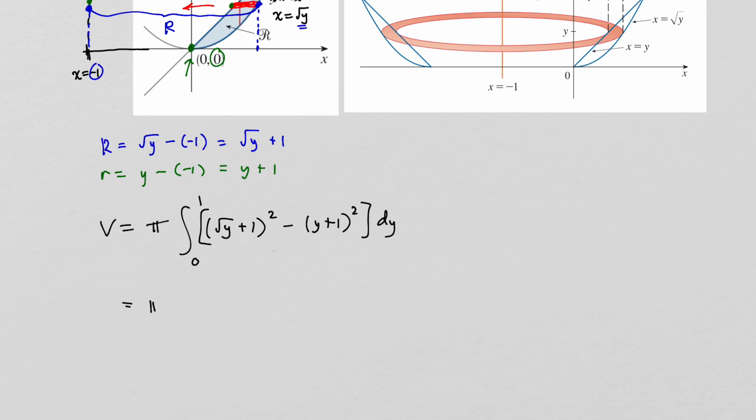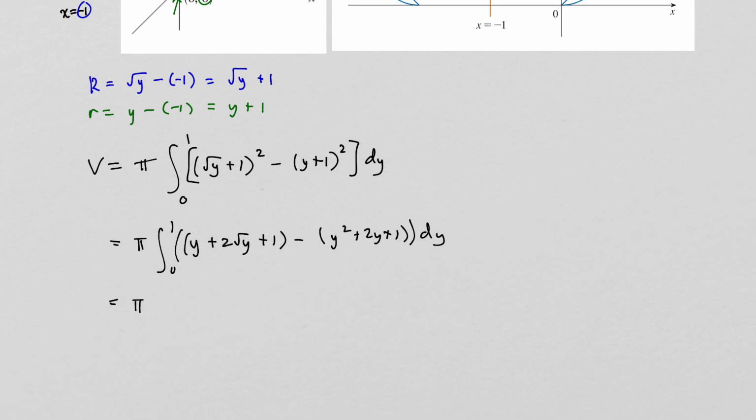So we're going to have pi integral 0 to 1, y plus 2 times the square root of y plus 1, minus y squared plus 2y plus 1. Distribute the negative. Cancel out like terms there.